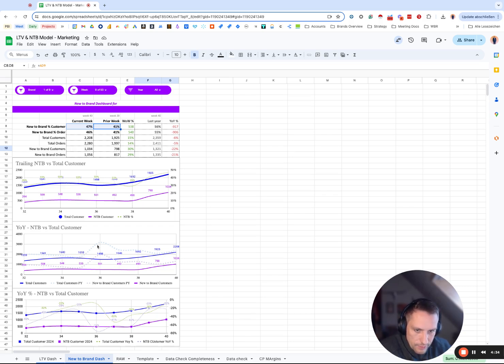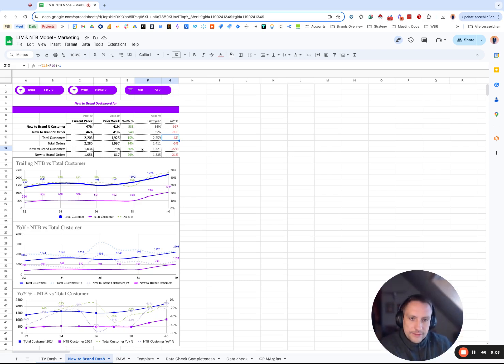And you can see from this dotted blue line and the undotted, it's not dashed, it's just a pure straight line, we're getting close to the numbers of total customers we had last year. You can also see that here, last year, 2,359 in week 30. This year, 2,208. So we're just 6% below our total customers compared to last year, same period.